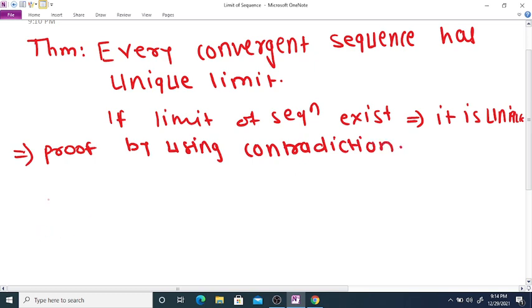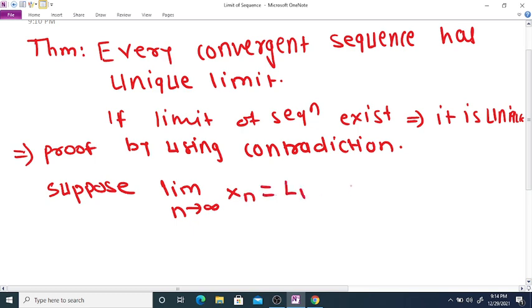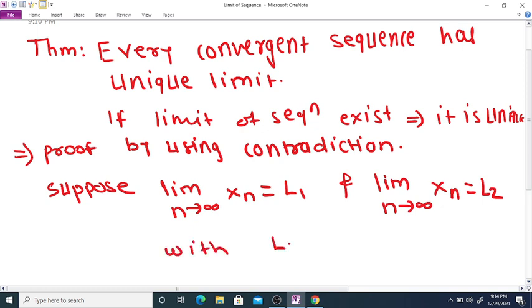Suppose x_n is the given sequence and x_n has limit, say, L1, that is, limit as n tends to infinity of x_n is L1, and limit as n tends to infinity of x_n is L2, with L1 not equal to L2.